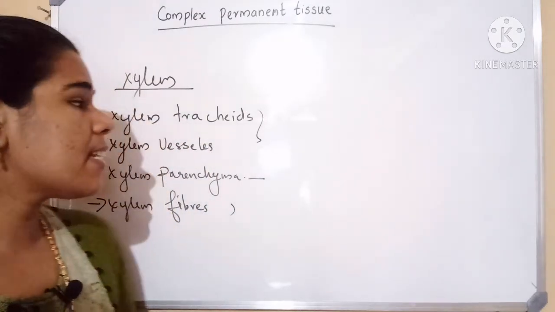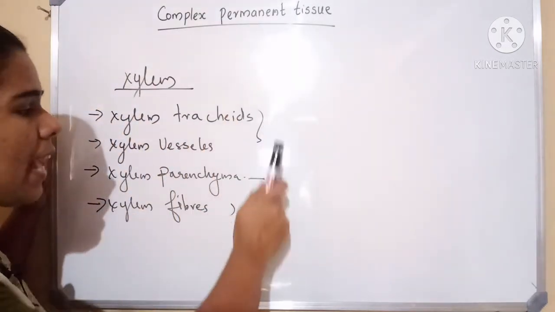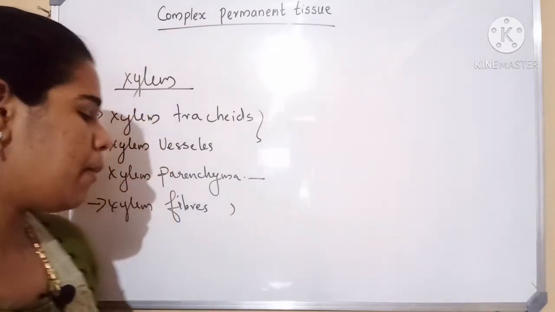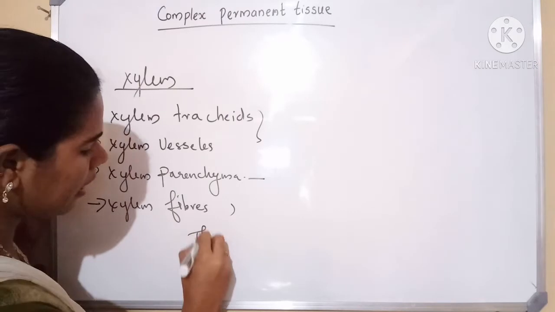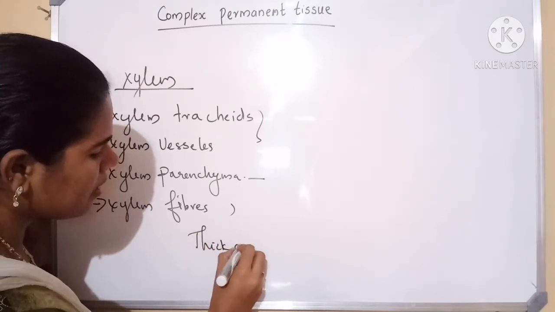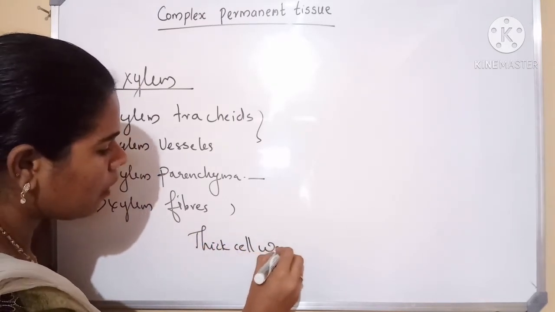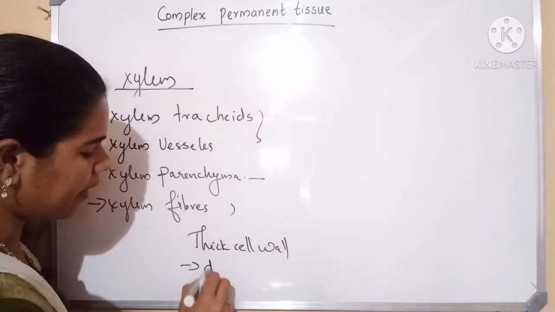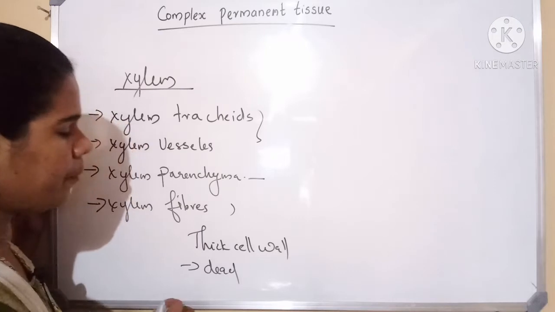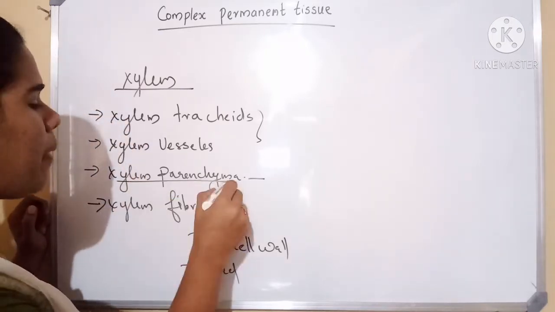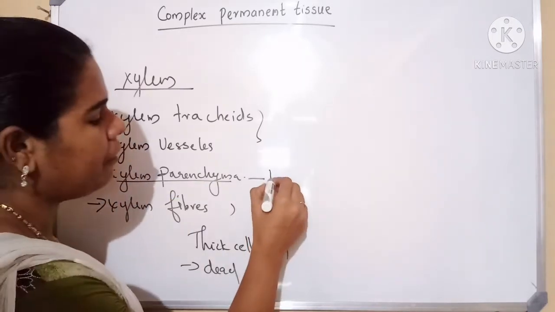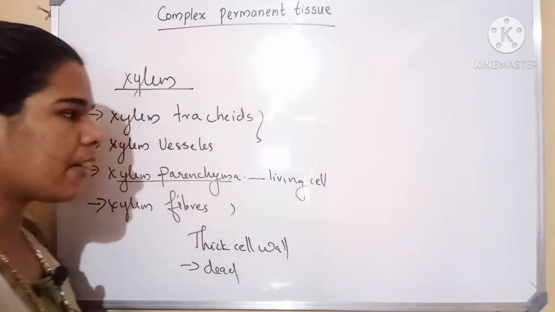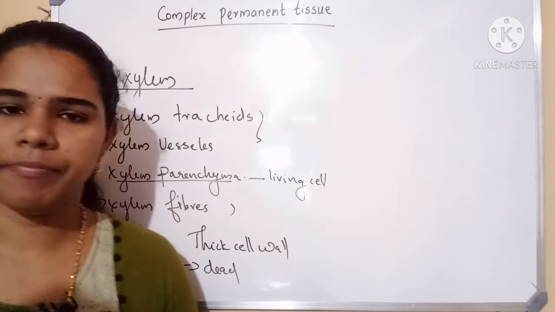Xylem elements have thick cell wall, and majority of the xylem cells are dead. Only the xylem parenchyma is a living cell, and the remaining 3 are dead cells.